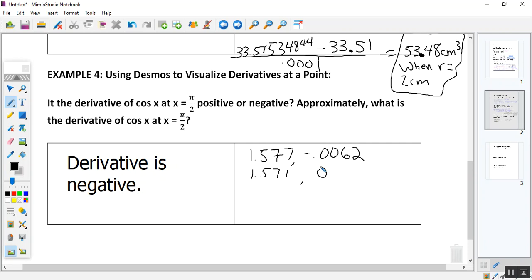Okay, let's do the math. Negative 0.0062 minus the 0 for change in y. So I would write this down. Here's how I'm going to write this down. In this case right here, slope at x equal pi over 2 is approximately equal to negative 0.0062 minus 0 all over what?